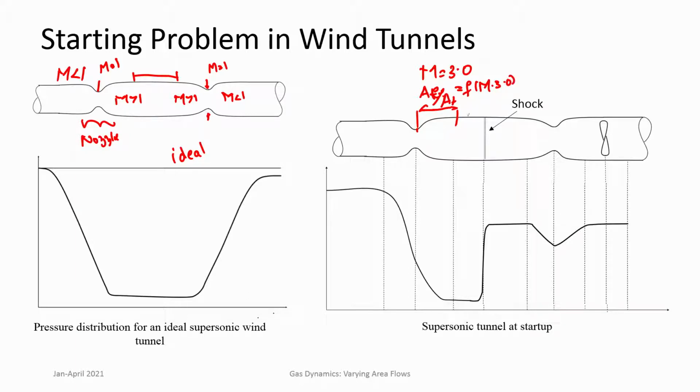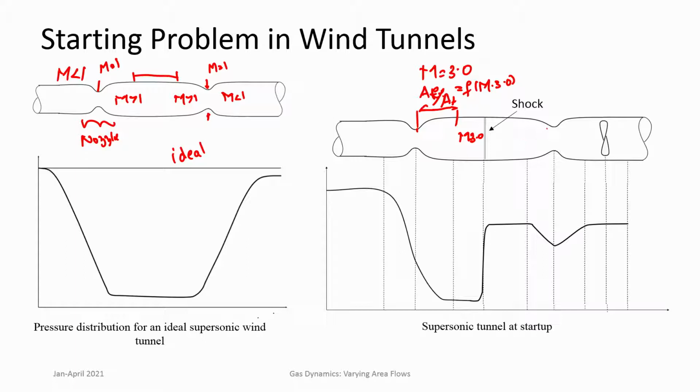Corresponding to that you will have this area ratio, but the strongest possible shock would exist if it exists at the test section, where Mach number is exactly 3. This shock can come within the duct.